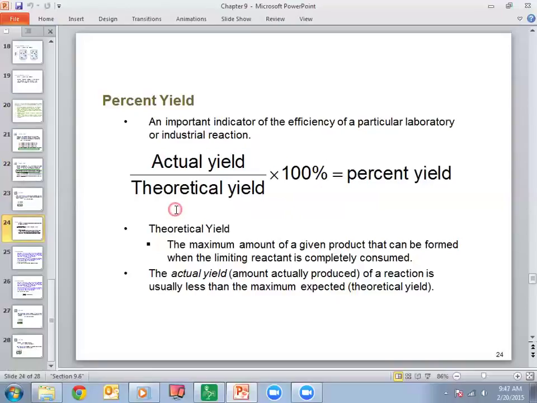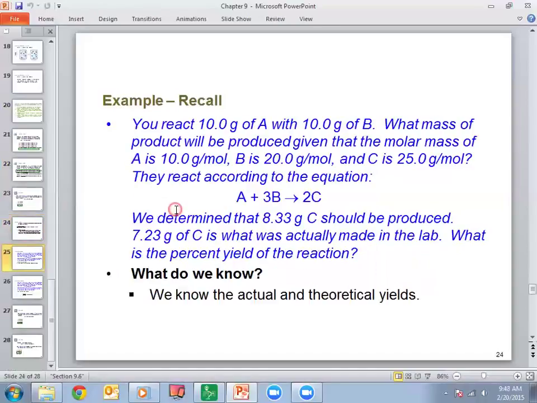I'm not sure why they do that because it's pretty efficient. In chemistry, the same thing happens: you do a reaction in a reaction vessel and you try to pour the stuff out into another vessel and some of it stays. And so you lose material. So the actual yield never equals the theoretical yield. That's an easy calculation to do.